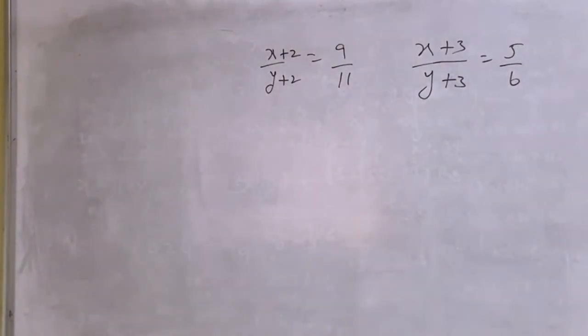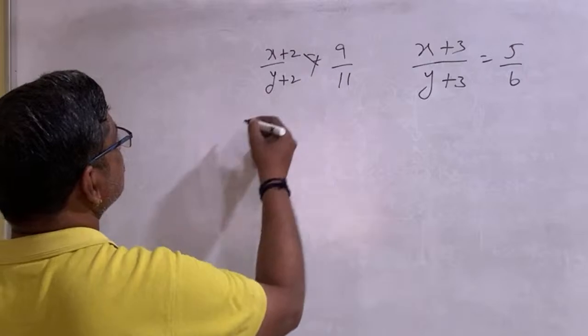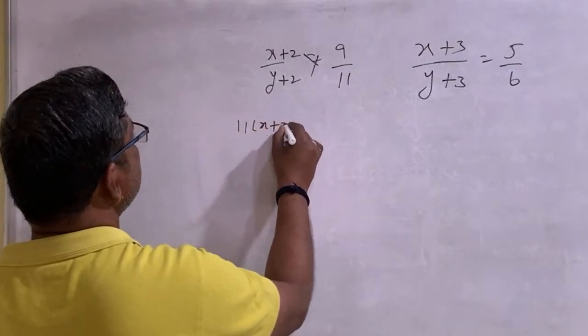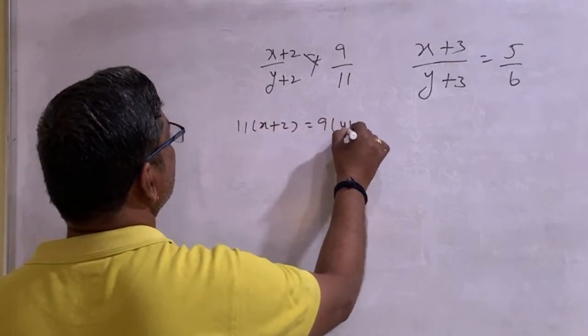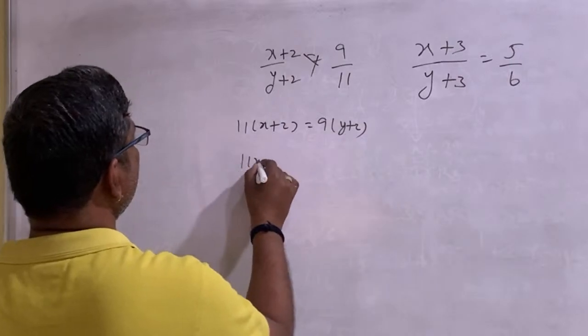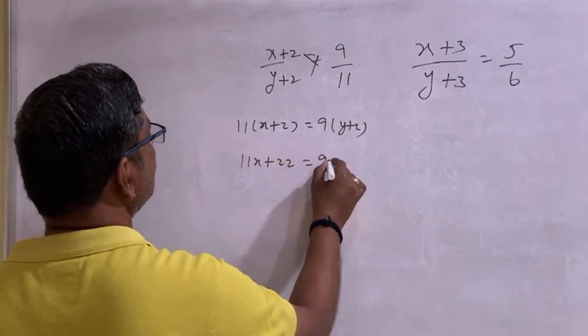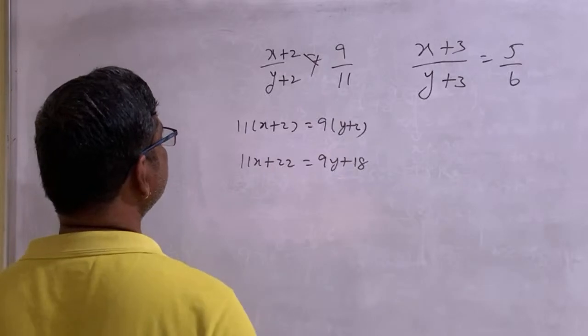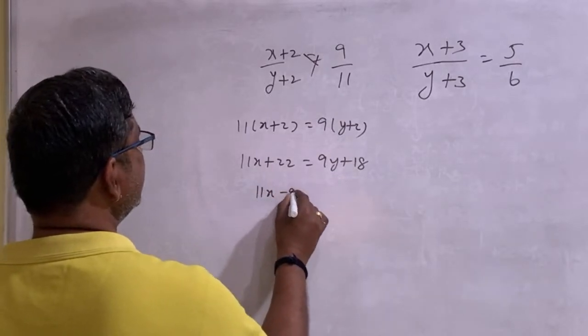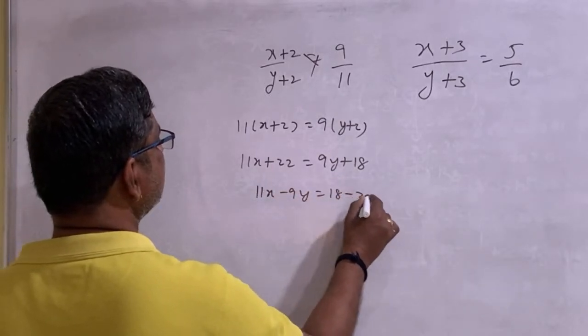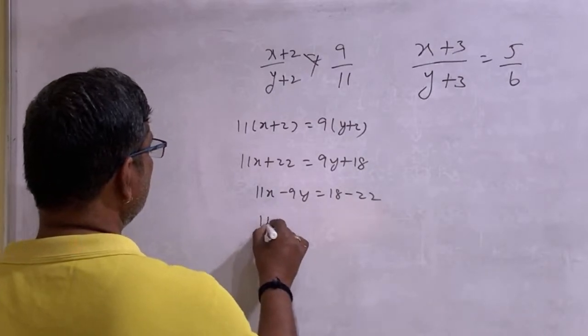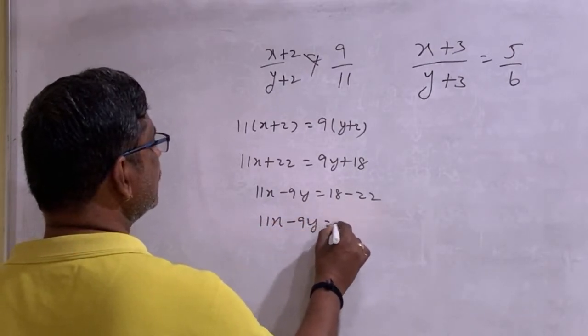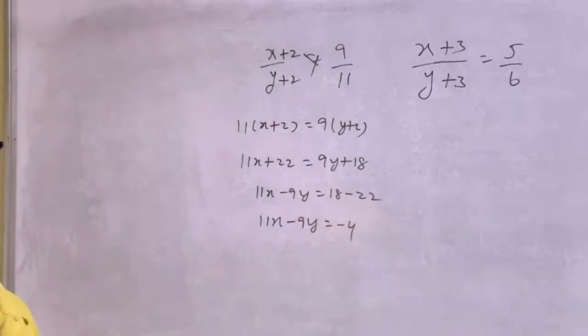Now do cross multiply. 11 into x plus 2 is equal to 9 into y plus 2. 11x plus 22 equals 9y plus 18. So 11x minus 9y is equal to 18 minus 22. 11x minus 9y is equal to negative 4. Equation 1.